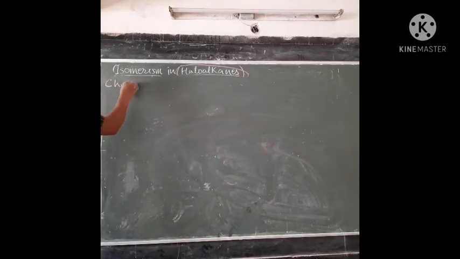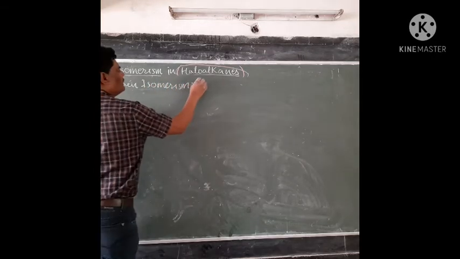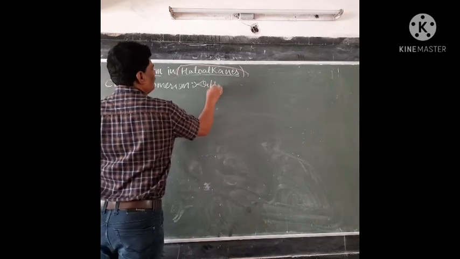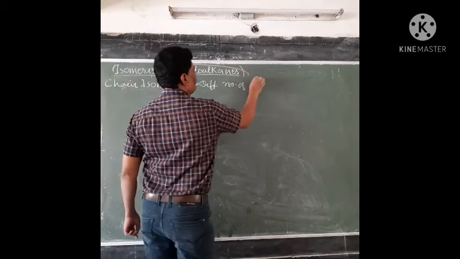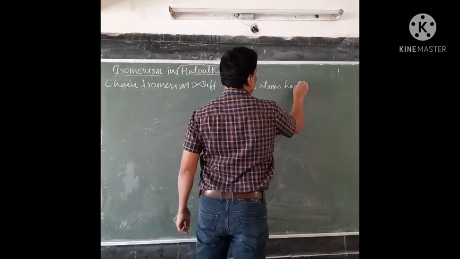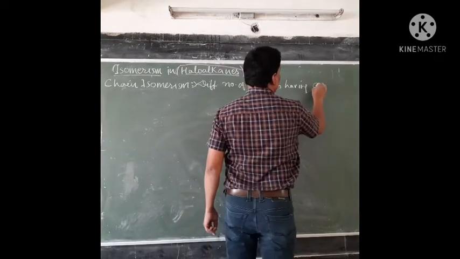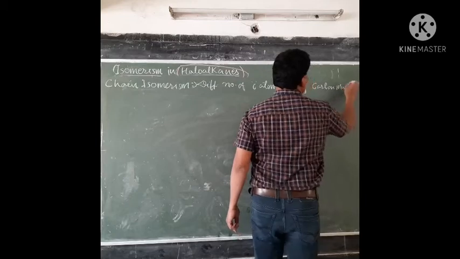First one, chain isomerism. It is the different number of carbon atoms in the carbon main chain.